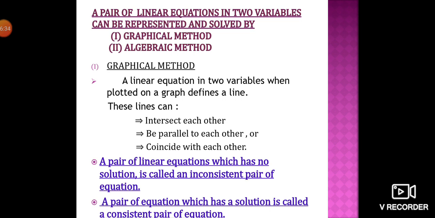Inconsistent means you have a pair of linear equations, you plot the two equations on the graph, and if you get no solution, it is known as an inconsistent pair of equations. If you get a solution, it is known as a consistent pair of equations. Going through the example you will get a clear idea. So just understand the two new words, inconsistent pair of equations and consistent pair of equations.